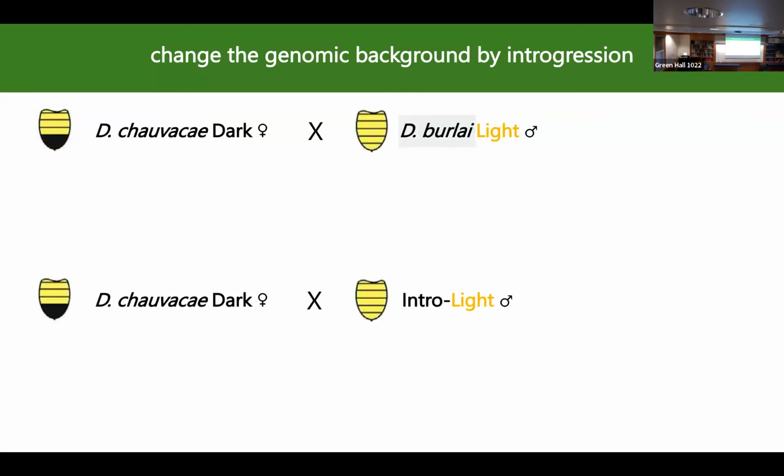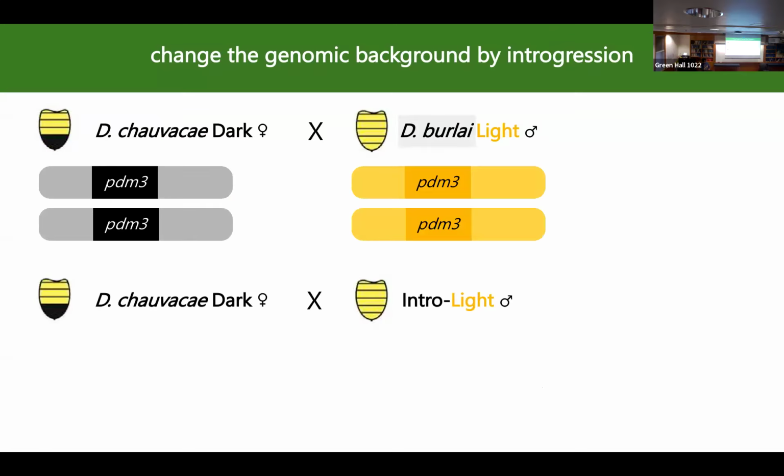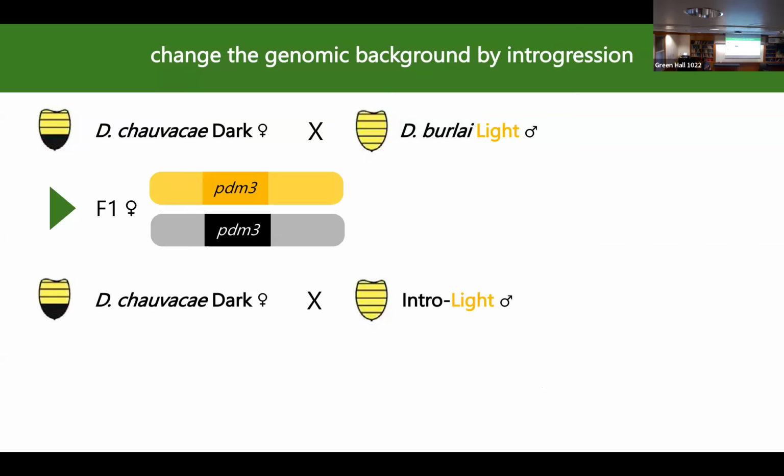And then we compare these two crosses. For this cross, we cross the Shobaka dark strain and the brulli light strain. The F1 females will have the combination of the brulli light PDM3 allele and the Shobaka dark PDM3 allele.